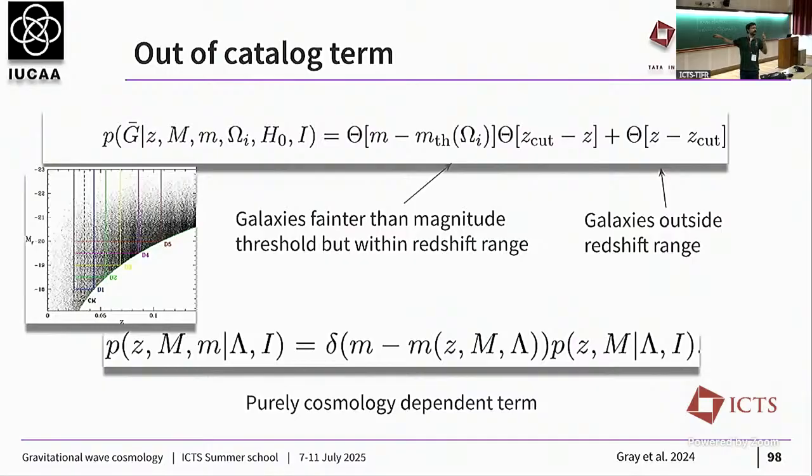That's one possibility. Or it is possible that you are above the threshold, but then you are beyond the redshift limit. So there are these two different possibilities. You satisfy the redshift criterion, but you are below the threshold, so you cannot see it. Or you are above the redshift cut and you don't see it at all, or you are not in the catalog at all.